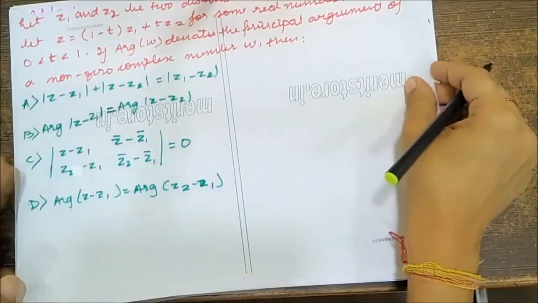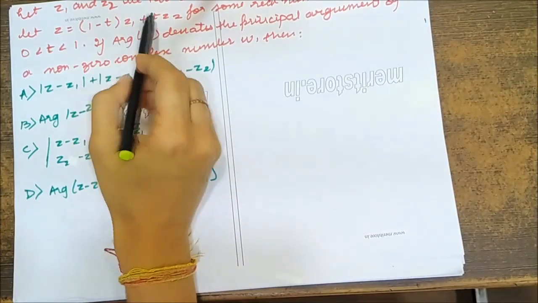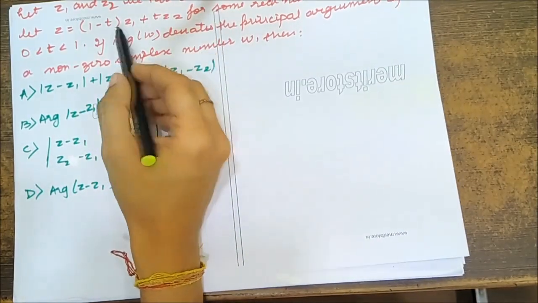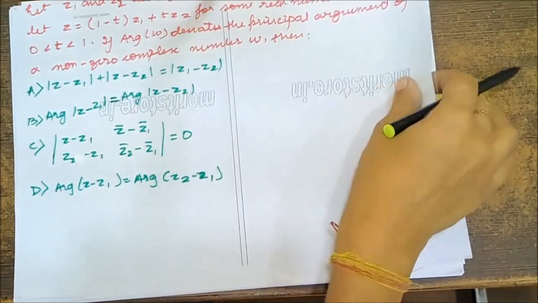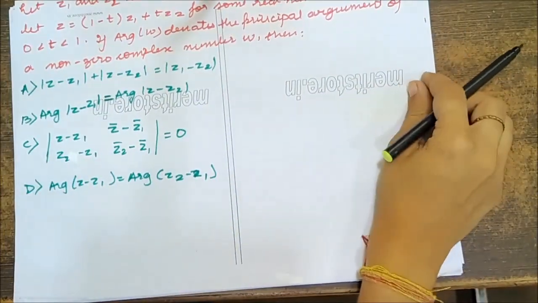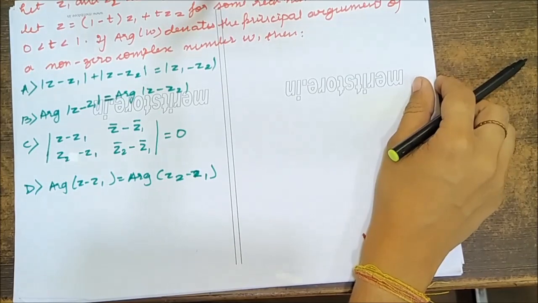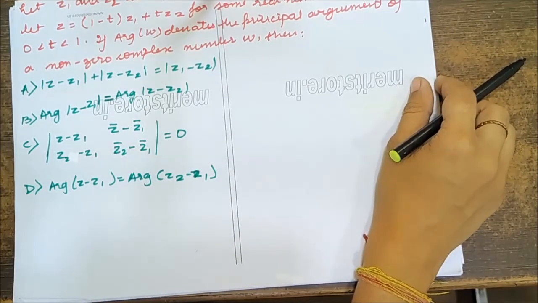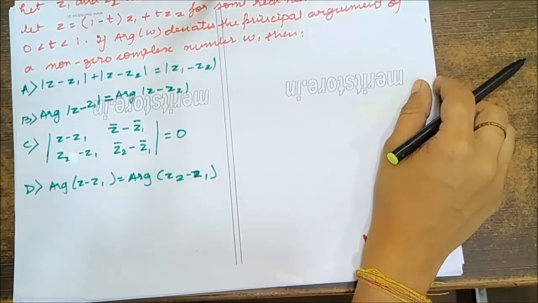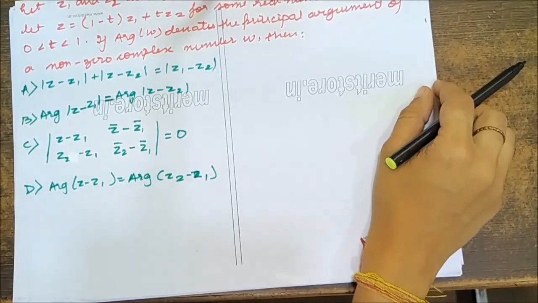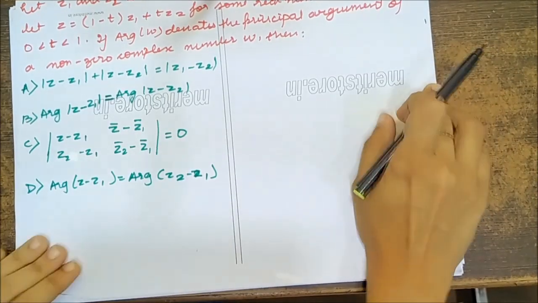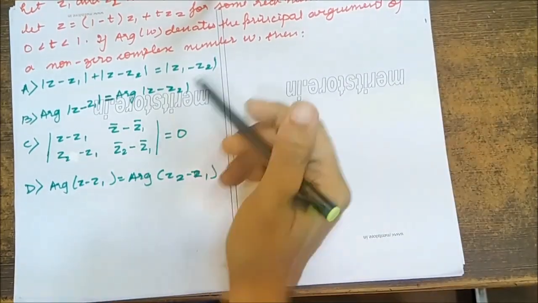Next, let Z1 and Z2 be two distinct complex numbers and Z is equal to 1 minus t Z1 plus t Z2 for some real t where t is greater than 0 and less than 1. If arg w denotes the principal argument of a non-zero complex number, then the following.